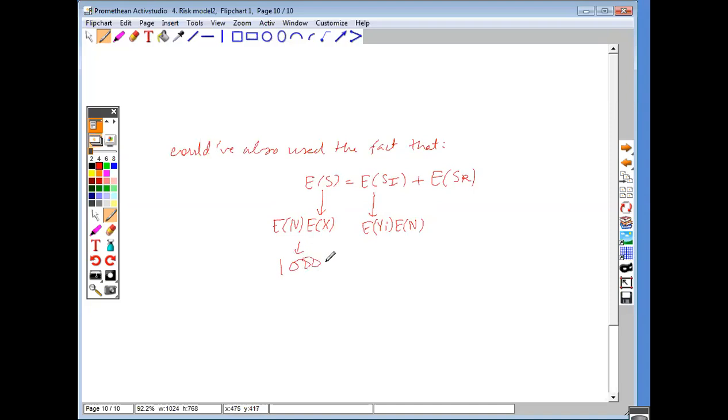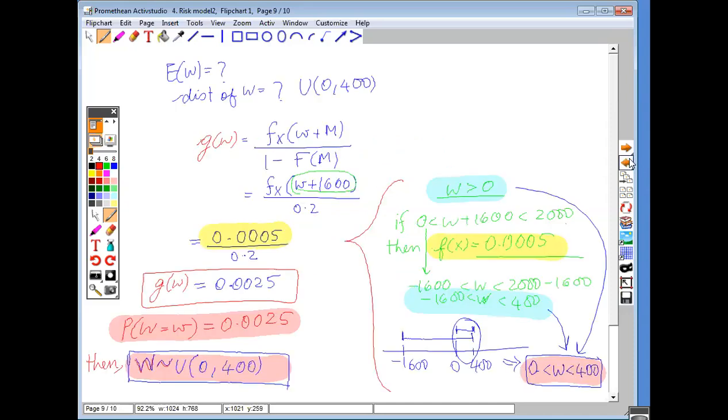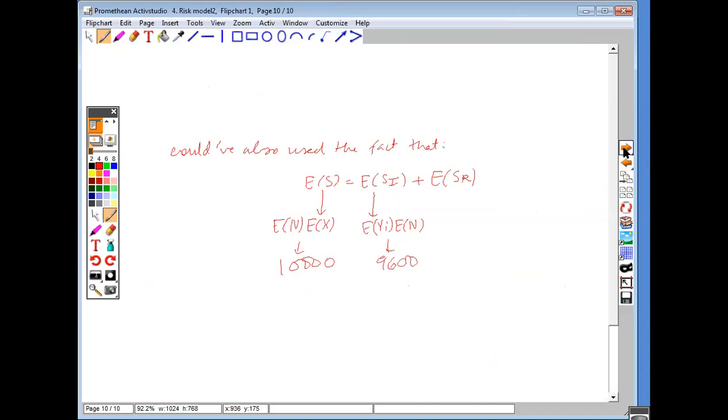This was 1000 times 10, so it was 10,000. And what was this? It was 9600. So you would essentially get the same answer, 400, right? So this would give you expectation of SR as 400. This would have just been much easier. But again, to figure out variance and everything else, you would have to struggle.